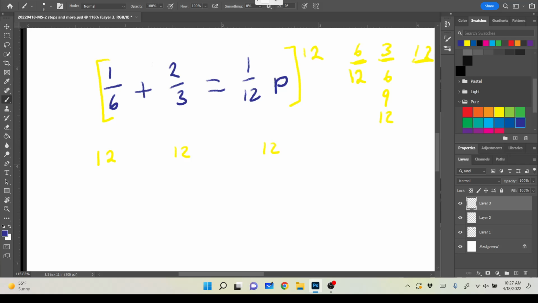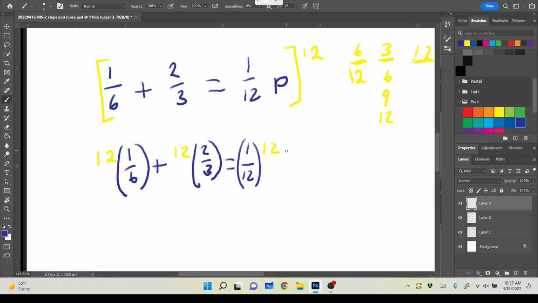Let me write down all the rest of the bits. 1/6, bring down the plus, 2/3, bring down the equals, and then 1/12 p, right? We can write it either way. I'll put it on this side, but it doesn't matter which side we put it on, as long as we remember to put the p there, right?